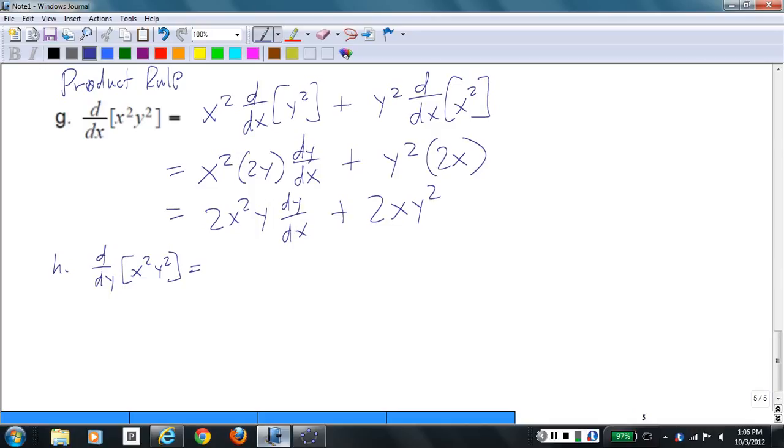And it should look like this. Again, it's the product rule. The first times the derivative with respect to y of the second plus the second times the derivative with respect to y of the first.